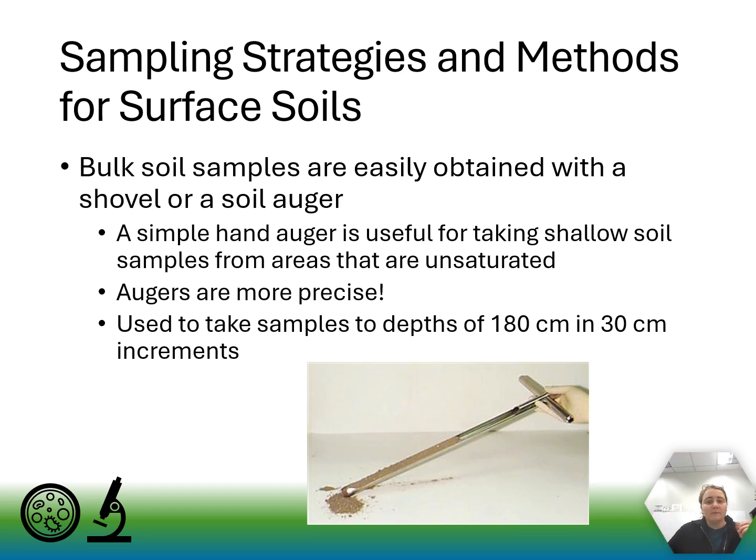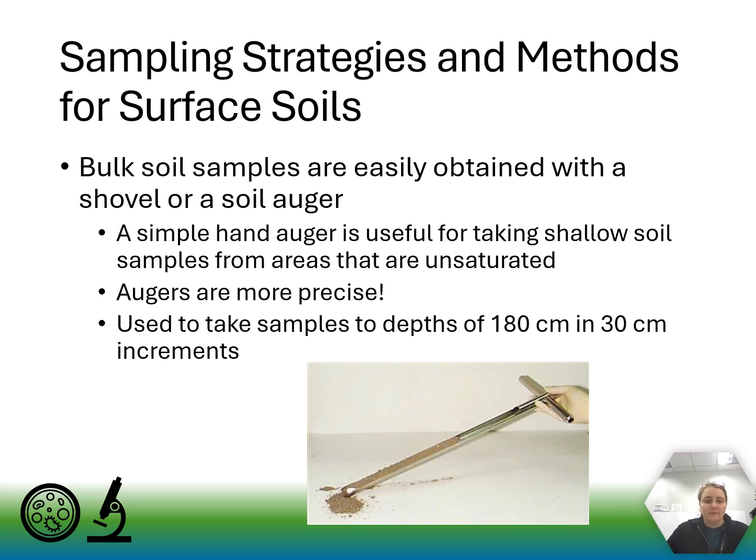The augers are going to be more precise than a shovel, if possible, because they get a very thin tube of soil at various depths, and they're used for incremental depth sampling. So we can go anywhere between 30 centimeter increments to depths and increments of 180 centimeters. It depends on the tool. The benefit is that you go straight down and you can do increments of specific depths.